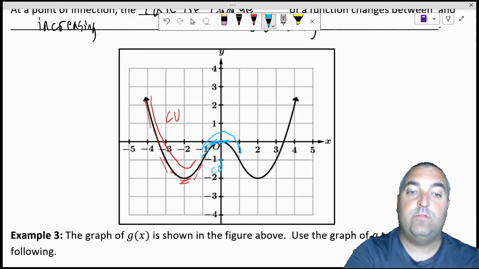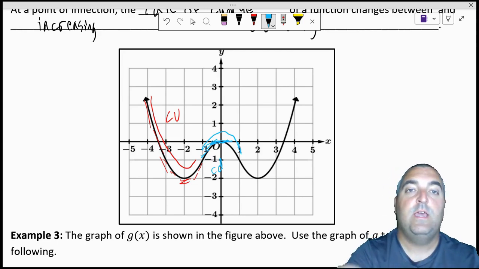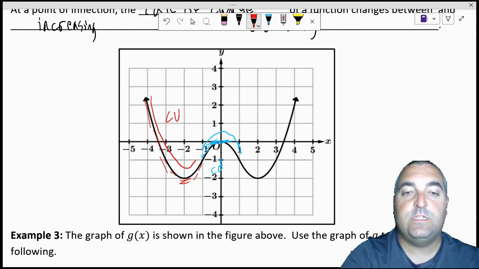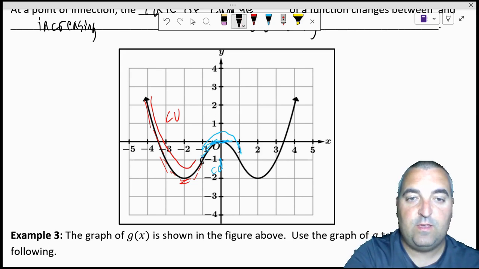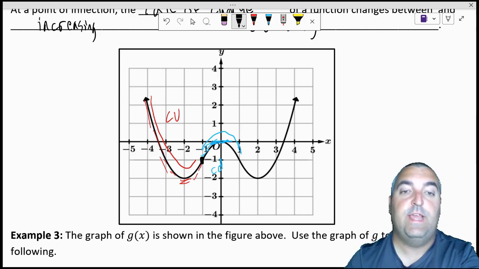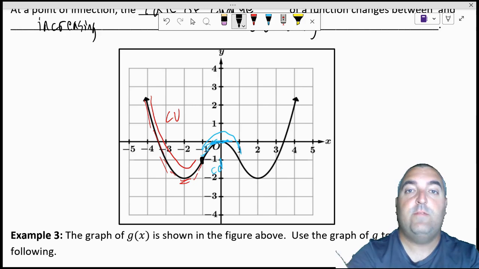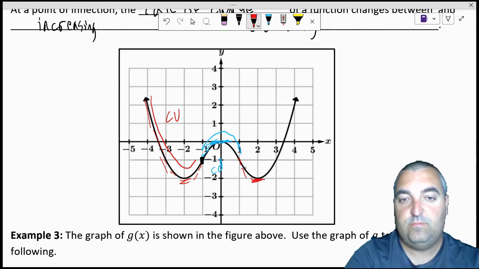Now the point of inflection is where it stops increasing and starts decreasing. And again, we would really just estimate it. I'm going to make it a nice point because I think they wanted it to be a nice point. It's right there at (-1, -1). But then we also have another concave up part. We have a zero, we have negative slopes, and then we go to positive slopes.